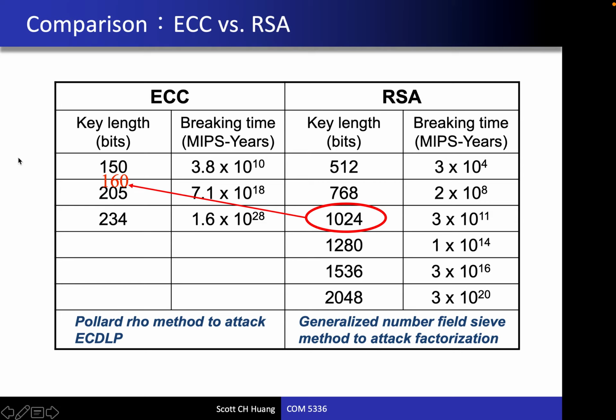And because the size is much smaller, it's much faster. Overall, a 160-bit elliptic curve is like 5 to 10 times faster than a 1024-bit RSA. That's the main advantage. It's very fast, and the security is good.